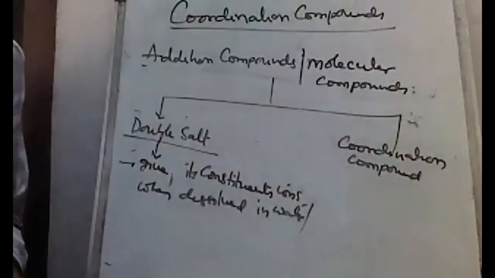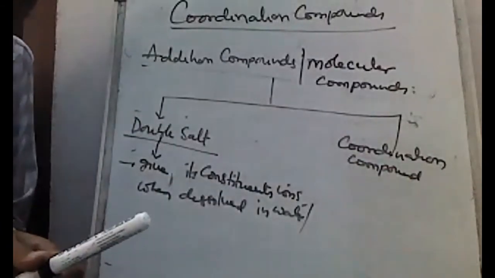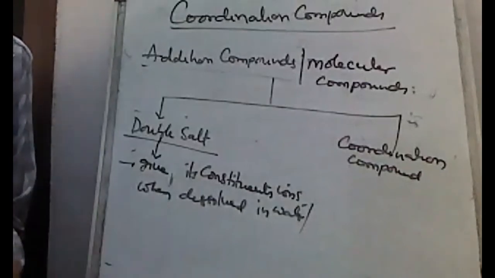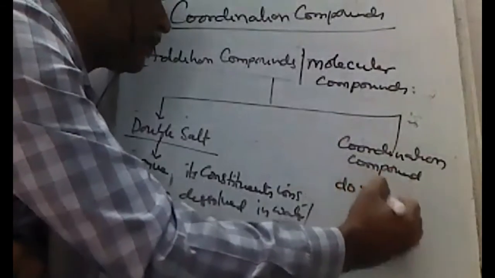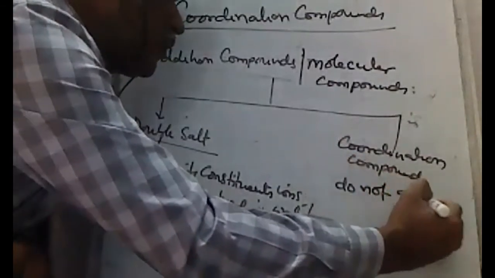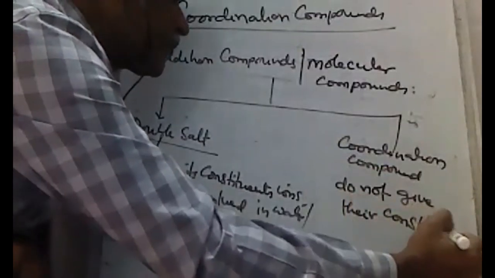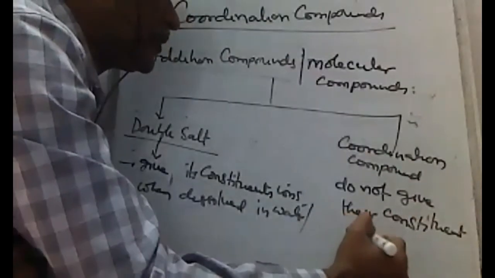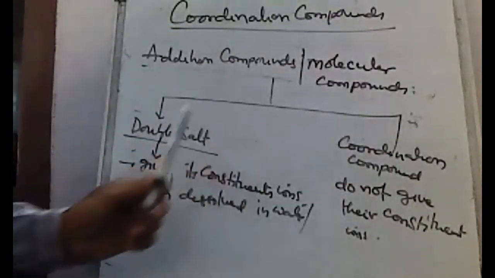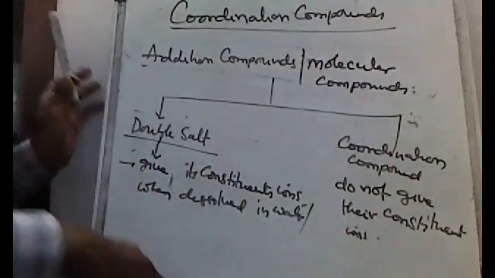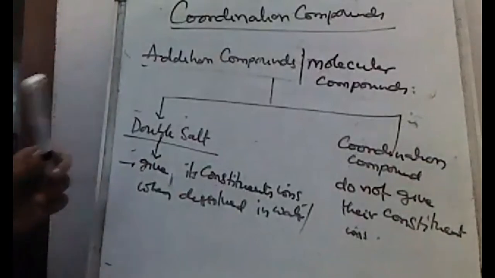Whereas the coordination compound or complex compound is also an addition compound, also stable in solid state, but does not give its constituent ions when dissolved in water or in any ionic solvent.